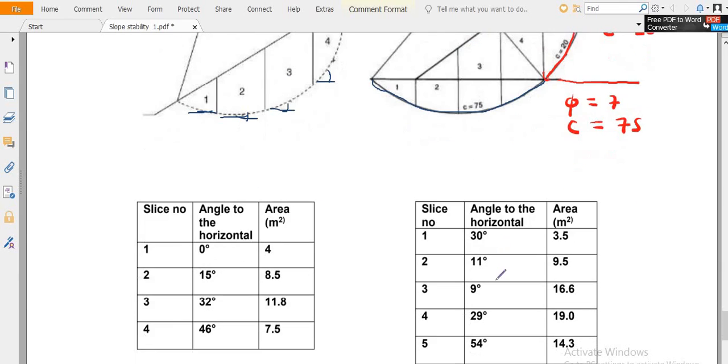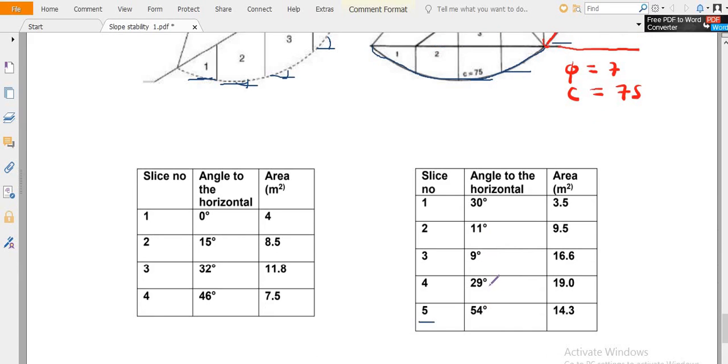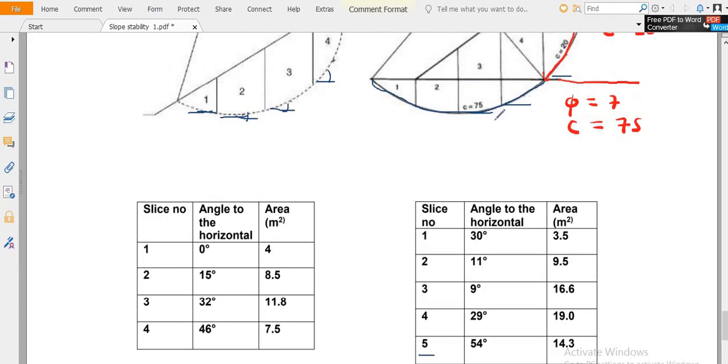But now in the second diagram, if we start from slice 5, the angles are again reducing, 54, 29, 9, then they start to increase. You can see after 9 it is increasing, and the final one is 30.